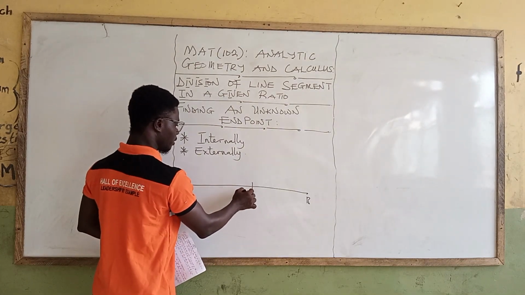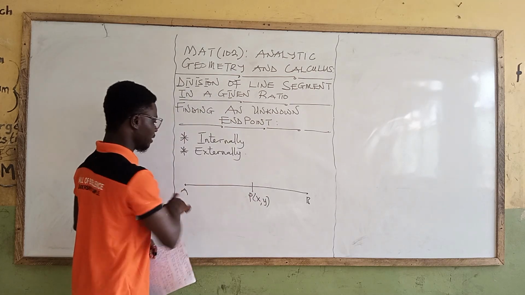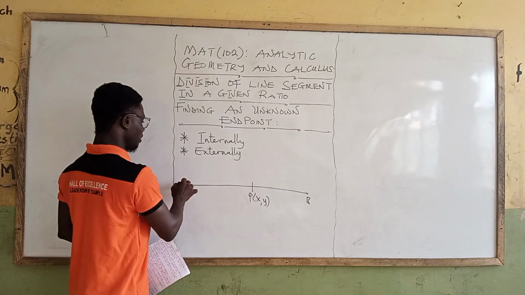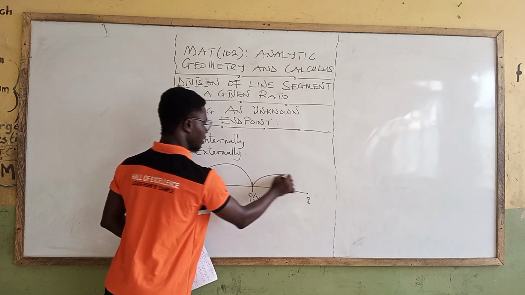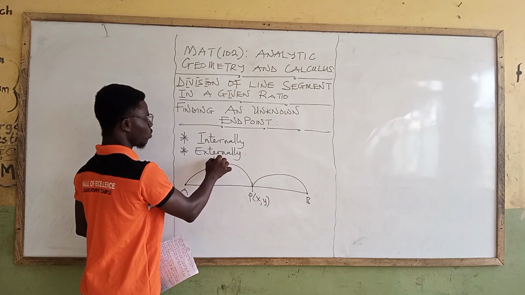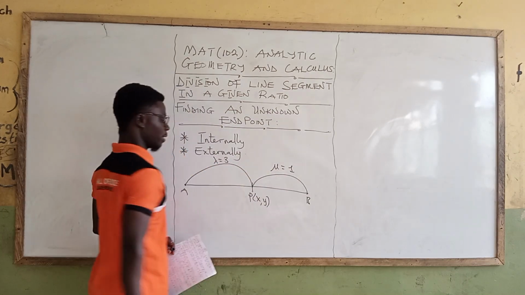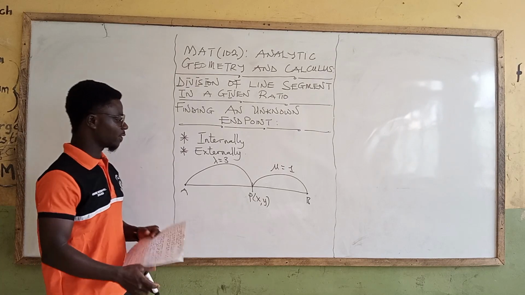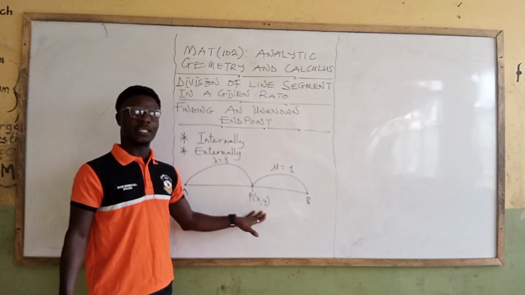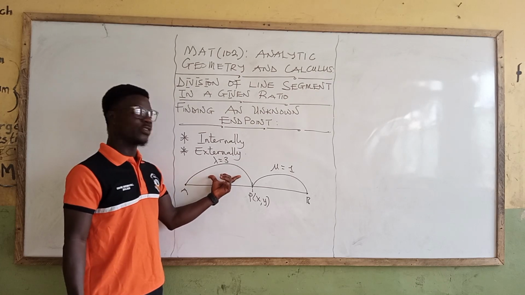Then this point P(x, y) is dividing this line segment internally in a given ratio. Let's say lambda equals 3, then mu equals 1.